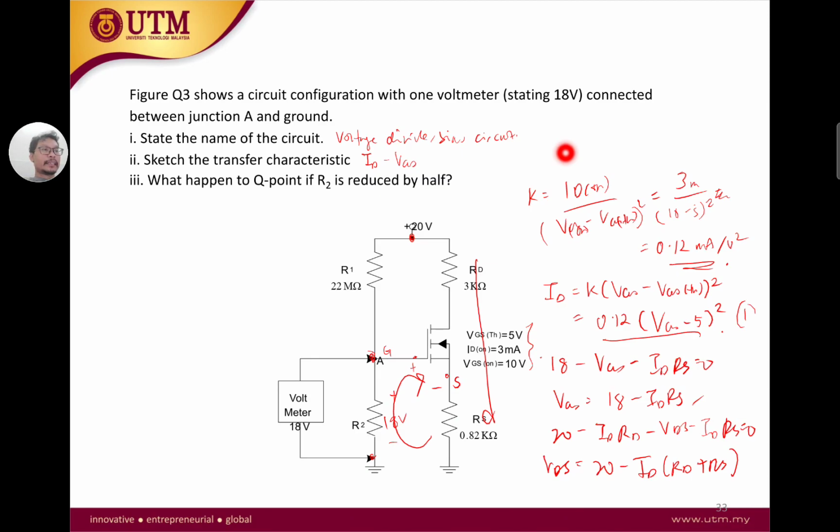RD plus RS is 3.82 kilo ohms, and here you can say that it's 20 minus ID times 3.82 kilo ohms. So to get our VDSQ, this is number 2 and this is number 3. So we have all our three equations. Then we can calculate our operating point, and also we do the graph and we get the IDQ and VDSQ. If you do the graph, you are going to get something like this.